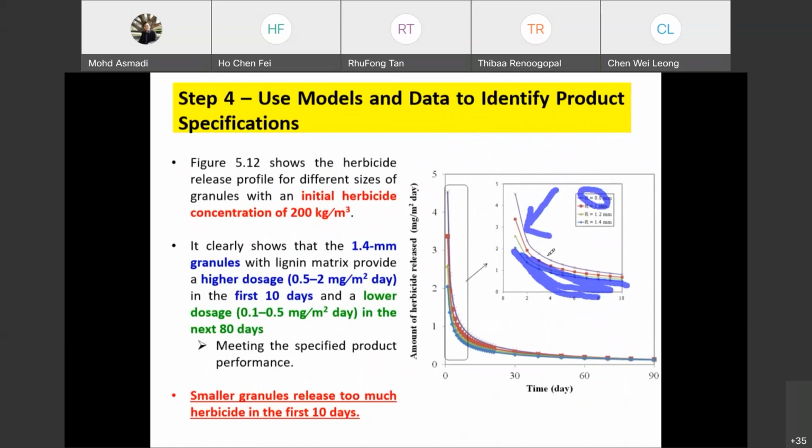So meaning that the larger granule is much better than the smaller, right? Because this one is released too much. So we need a much larger amount of the granules rather than smaller ones.